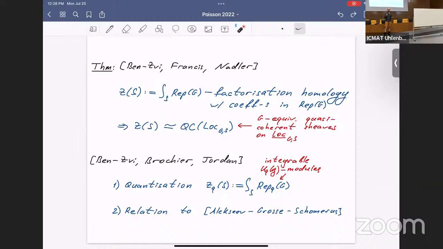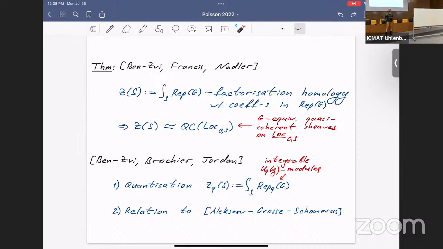And I'll just tell one thing: if you had an affine variety to start with, so if you considered local systems with framing, then your category will actually be equivalent to a category of modules over some algebra.